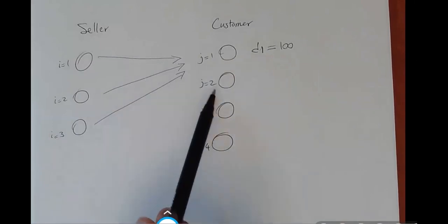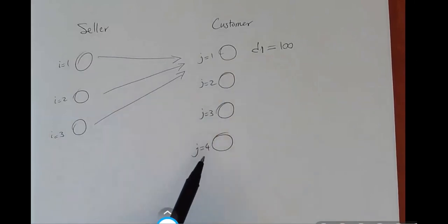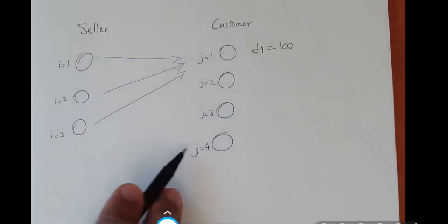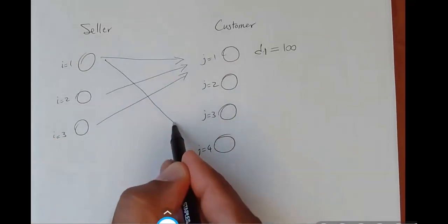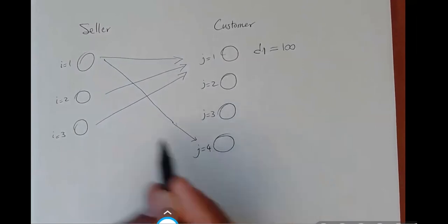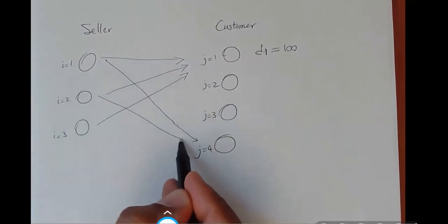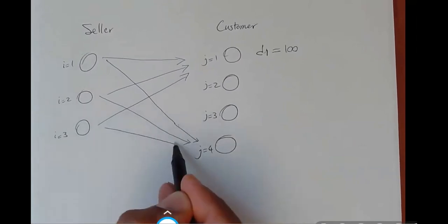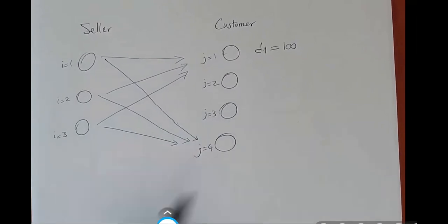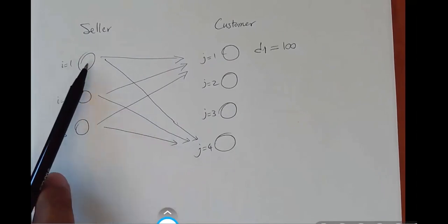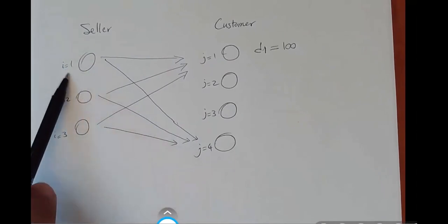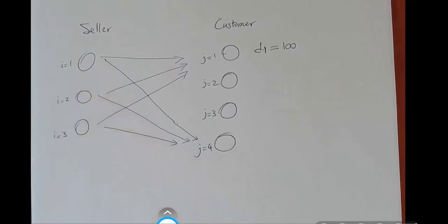Same thing for customer 2, same thing for customer 3 and 4. So let's say I'm just going to do it for 4, the demand by customer 4 can be satisfied with the product stored in location 1, location 2, location 3.